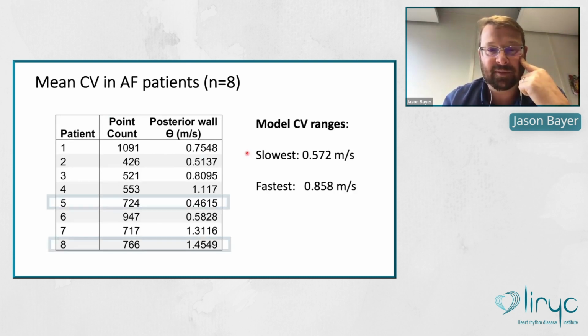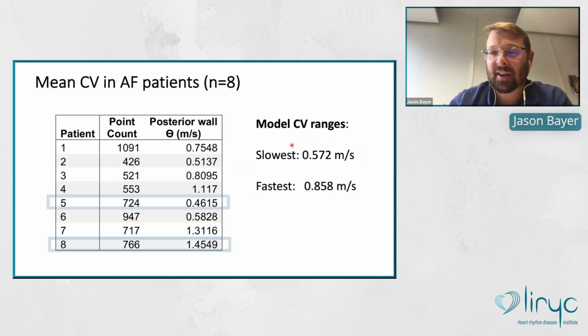And they found a pretty wide range, with conduction velocities in the fibrotic areas as low as 0.46 and in the myocardium as high as 1.45 meters per second. In the modeling that they used, the ranges were anywhere between 0.5 and 0.85. So they're within this physiological range. They're not patient specific, but they're at least within the range of the conduction velocities being observed within these patients.